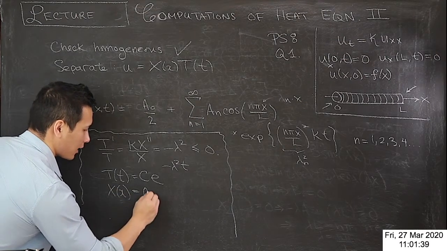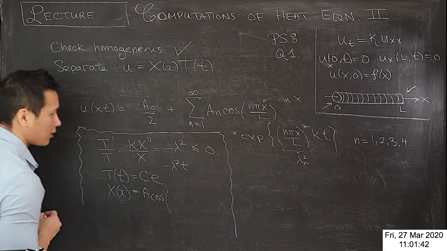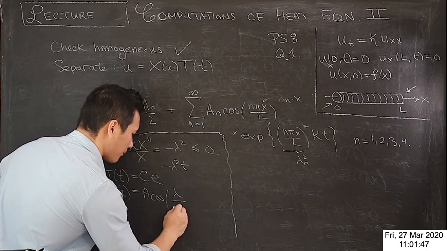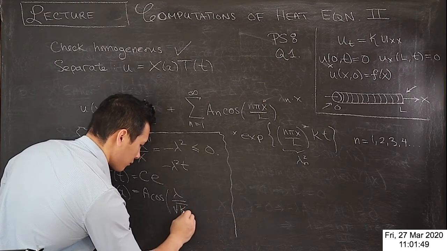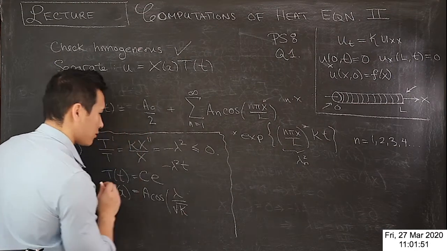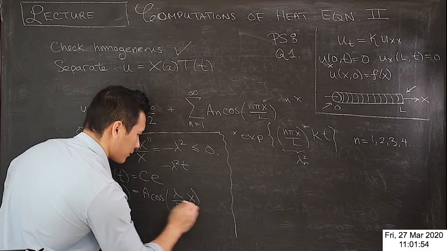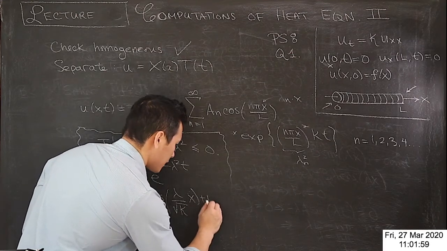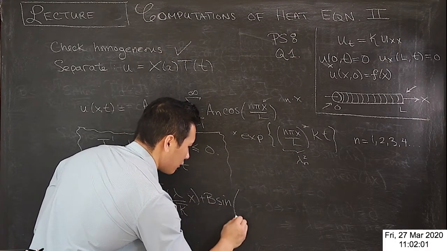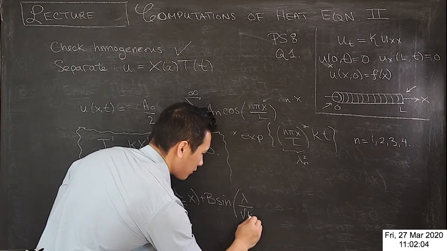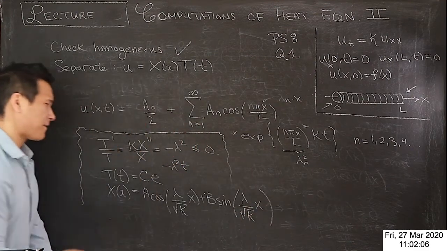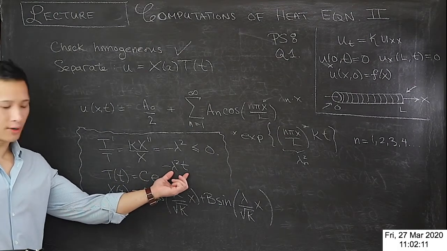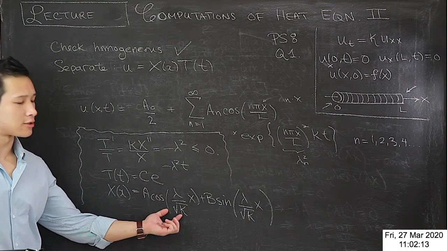So this is going to be a times cosine of lambda over root kappa times x, plus b times sine of lambda over root kappa times x. So the kappa no longer appears in the time term. It now appears in the sinusoidal terms.